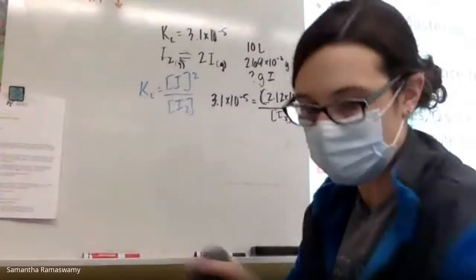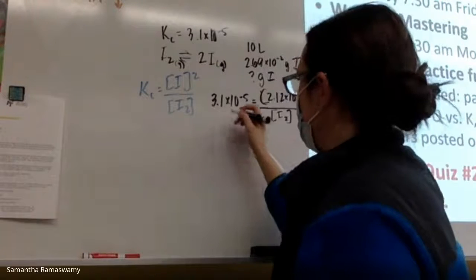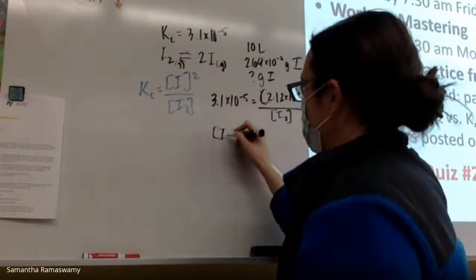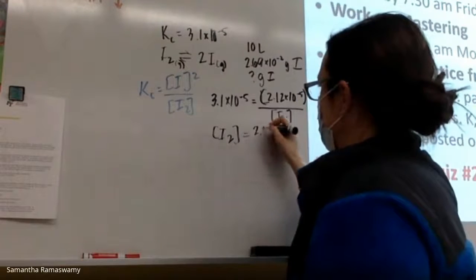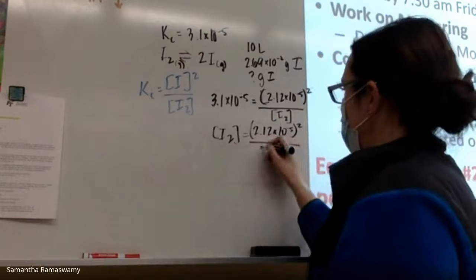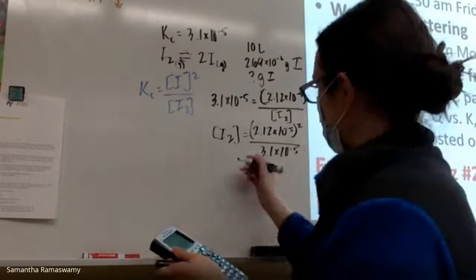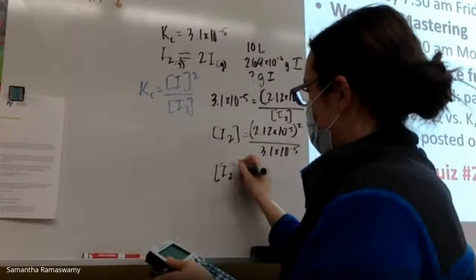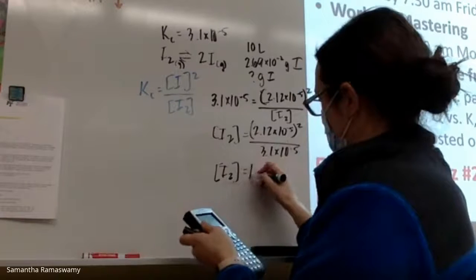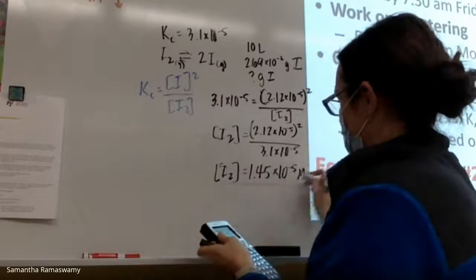So again, here's what I did in my calculator. I multiplied I2 over and I divided. So I2 is 2.12 times 10 to the negative fifth squared divided by 3.1 times 10 to the negative fifth. And for the concentration of I2, I got 1.45 times 10 to the negative fifth molar.